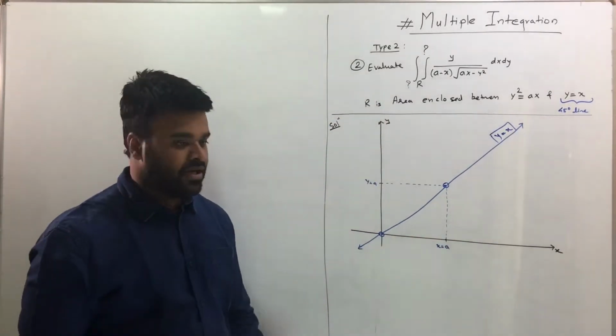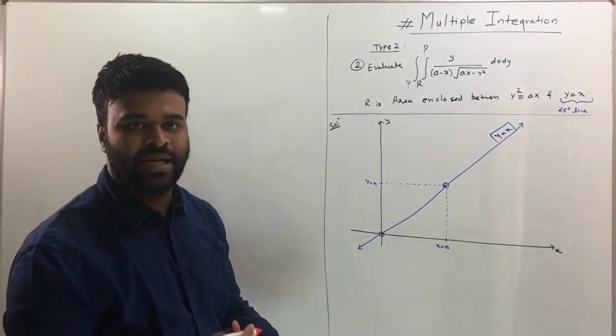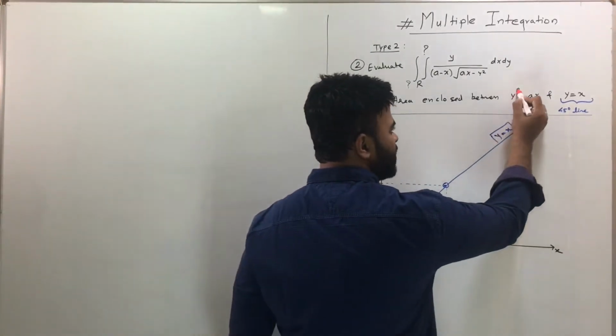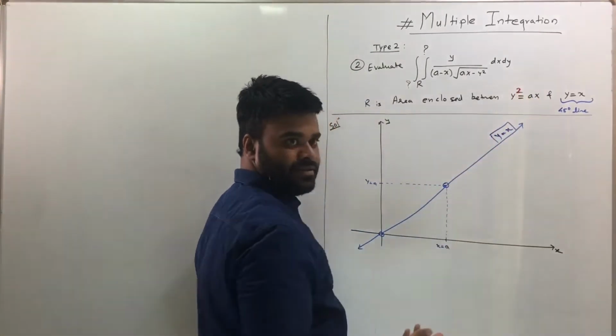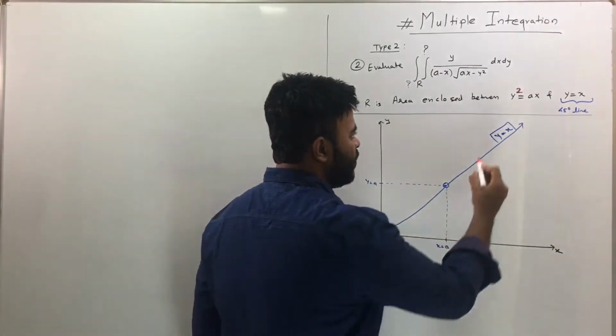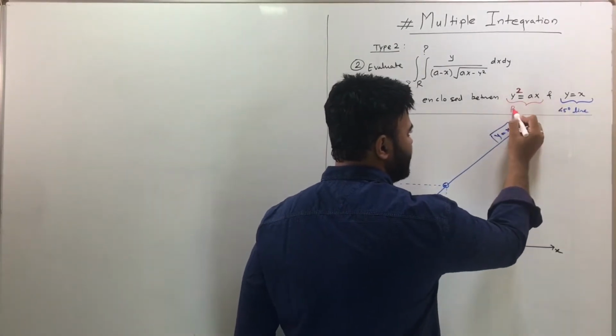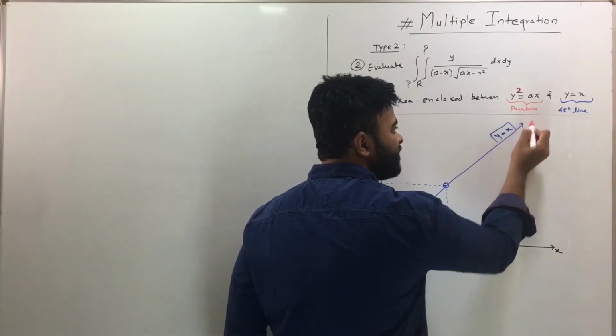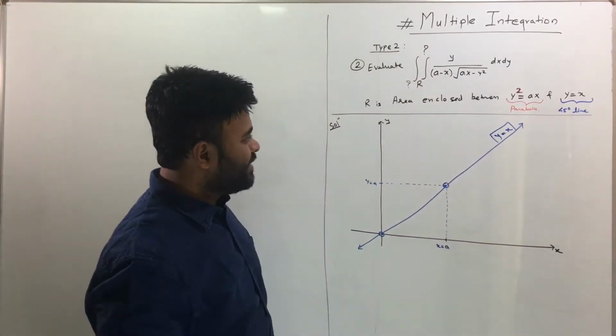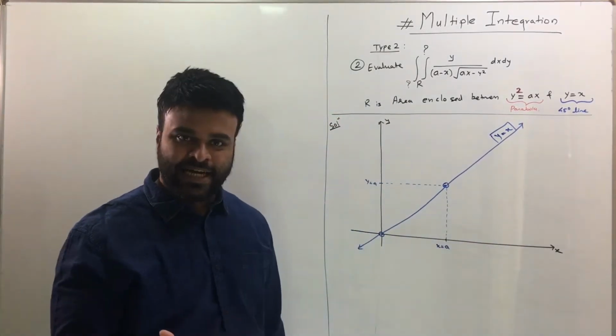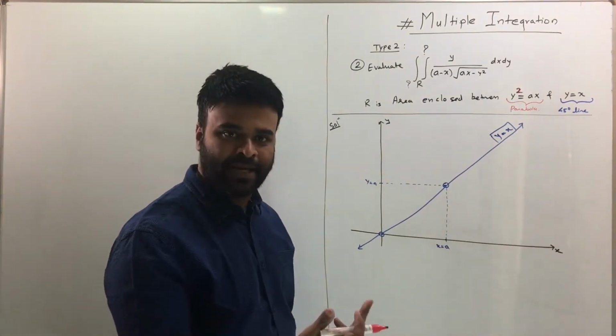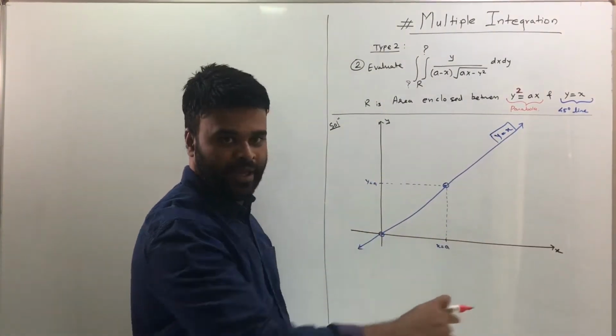Next, we want to figure out what y square equal to ax looks like. If you see a square, it is definitely not a straight line. We know it's a parabola. So y square equal to ax is a parabola. Now y square equal to 4ax is a standard parabola, and y square equal to 4x is a parabola which will open that way.